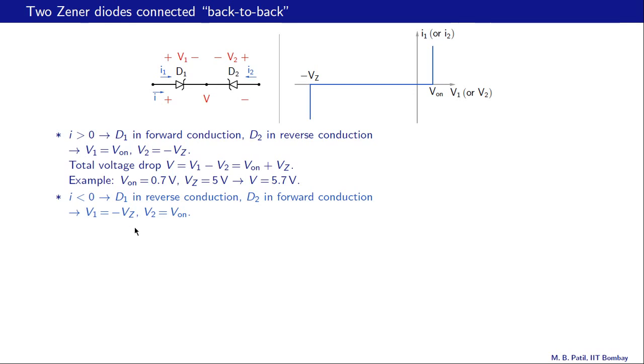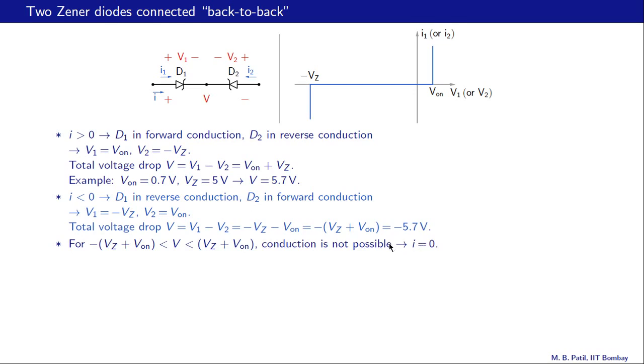And now once again we can find the total voltage drop. What is the total voltage drop? It is V1 minus V2 as before. V1 is minus Vz, V2 is V on. So V1 minus V2 is minus Vz minus V on, or minus (Vz plus V on). So that for our example here turns out to be minus 5.7 volts.